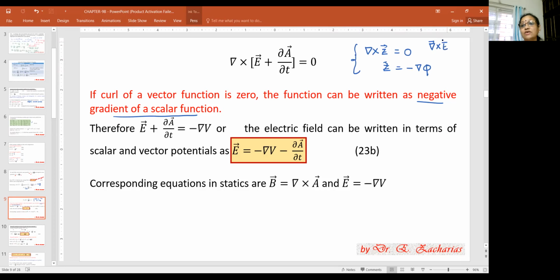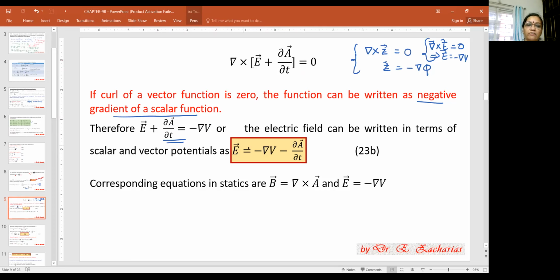Del cross E equal to 0, therefore E equal to minus del V, we wrote in statics. So the same idea we are going to borrow here also. Only thing is, because it is dynamics, it is not just E, it is E plus dou A by dou T. So this E plus dou A by dou T, we will write as minus del V, where V is the scalar potential.